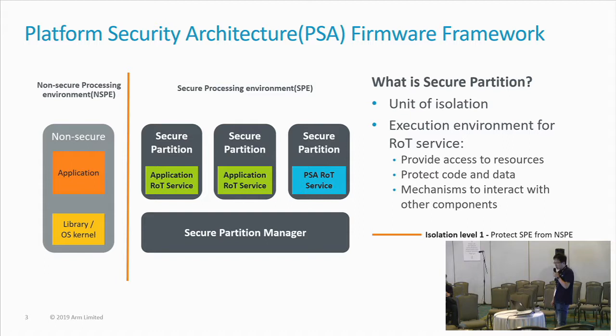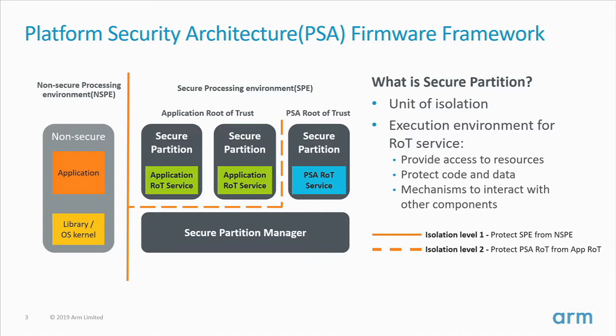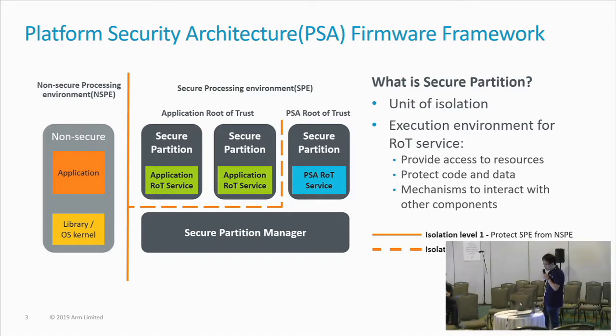This is isolation level 1: the SPE is protected from access by the application firmware and hardware. Isolation level 2, in addition to level 1: PSA's root of trust is protected from access by the application root of trust.